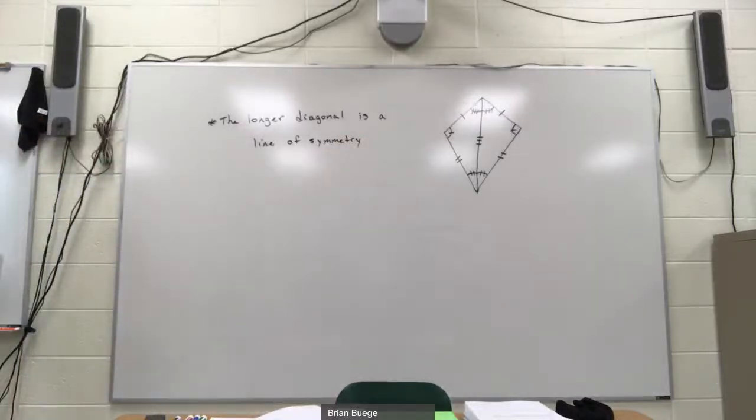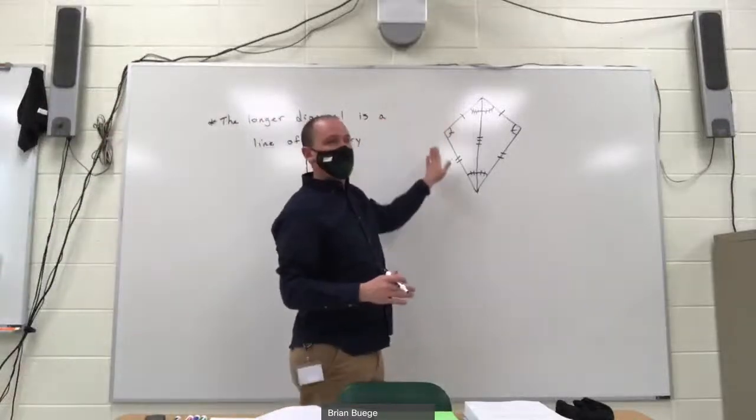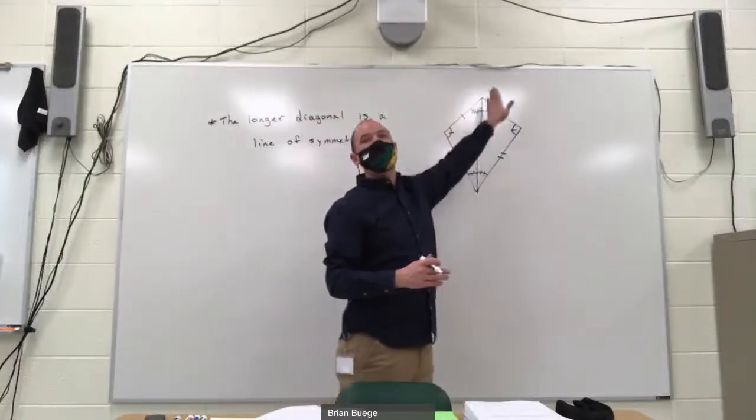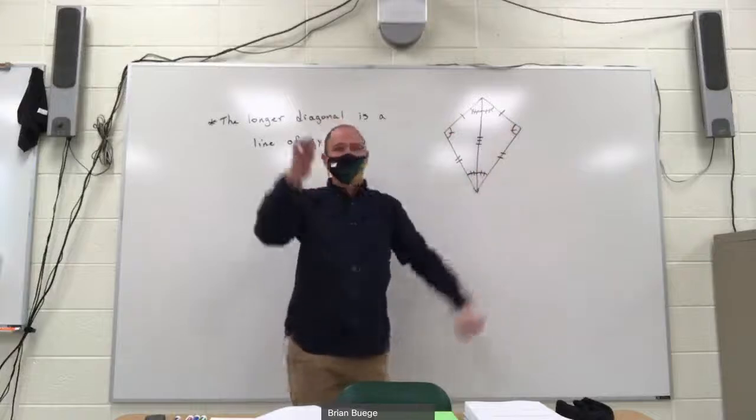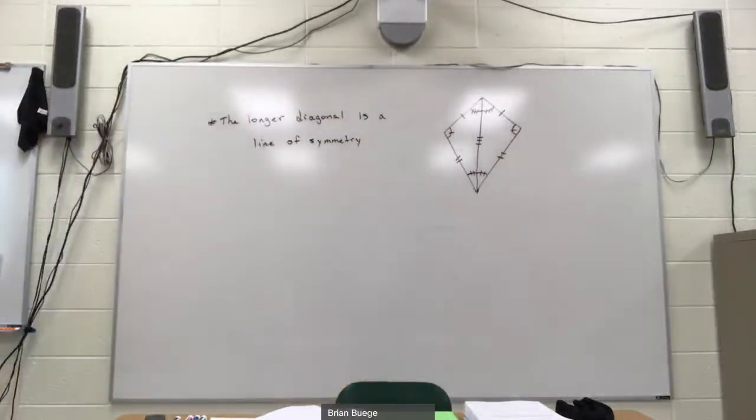If you draw the longer diagonal in this case, everything on the left-hand side matches up with everything on the right-hand side. Cuts the kite right down the middle. So therefore, everything matches up. That's probably the easiest way to summarize, rather than trying to do every single little part. That summarizes all of that.